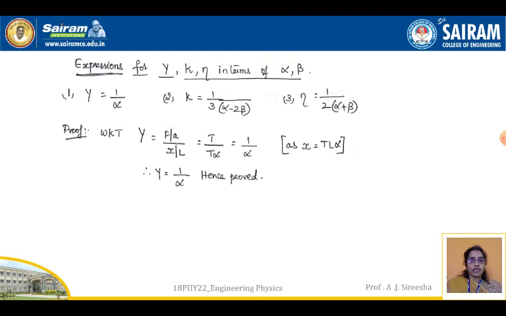We know that Young's modulus is longitudinal stress by longitudinal strain. So Y is equal to stress, which is F by A, divided by x by L, which is the longitudinal strain.